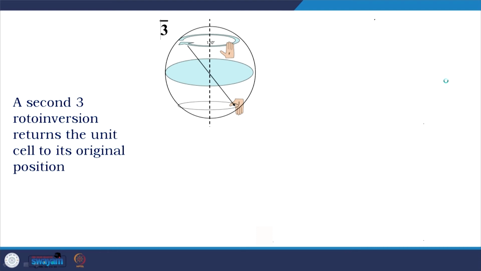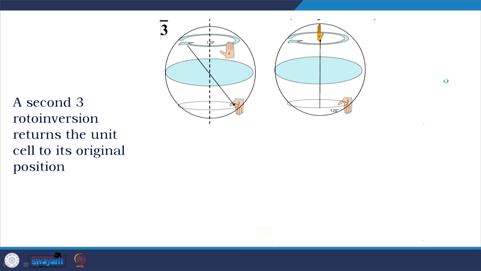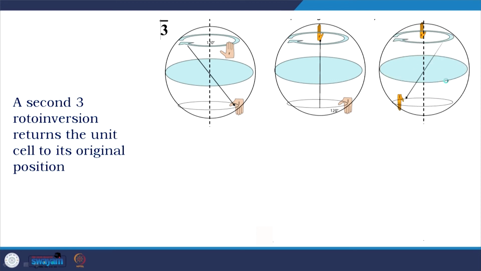Like you have here, you make a 120 degree angle here, then in the next operation you come here and you have the right hand and you have the left hand.